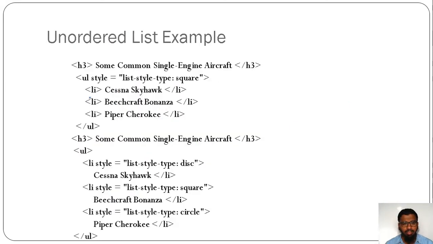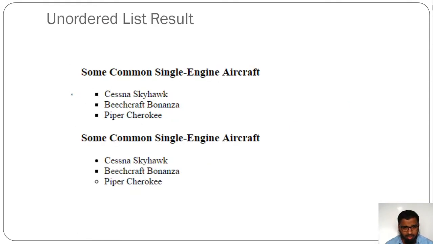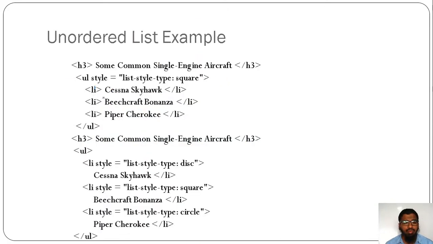Here is an example. This is the output, these points: some common single engine aircraft. Here, "Some common engine" is written in the H3 tag, and the UL style is list-style-type square.